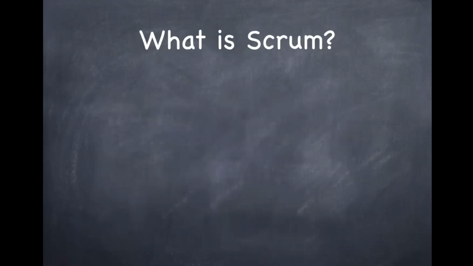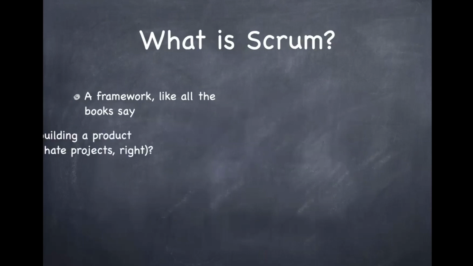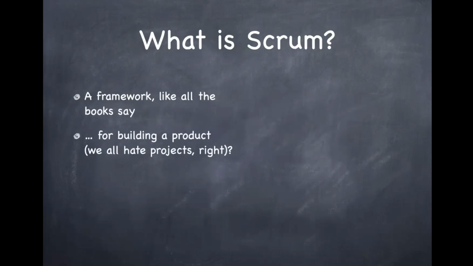Now, more deeply, you need to understand what Scrum is. So it's a framework, right? All the books say it's a framework, right? And it's a framework for building a product, right? Is Scrum a framework for building a product? What does Scrum say about building a product?